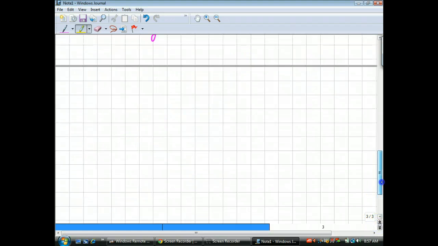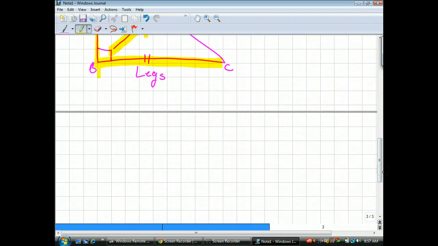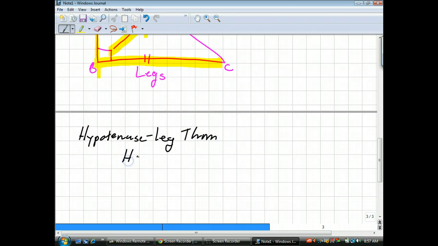Okay, now the following theorem only works on right triangles, because right triangles are the only ones that have what we call a hypotenuse. And this is called the hypotenuse leg theorem. And we abbreviate that as the HL theorem.